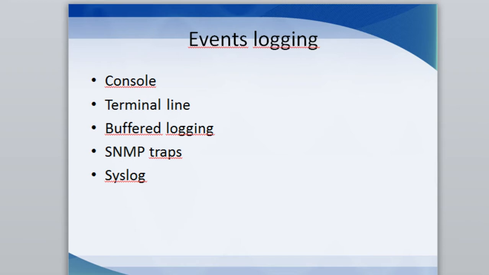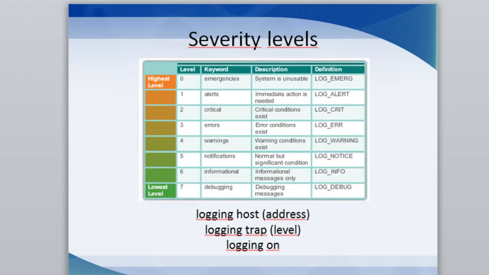And now let's see about these thresholds. The security levels. These are the definitions and configuration for threshold setting. As we can see, there are 8 levels, 0 being the most critical one, and 7 being the type of logging that we are less interested in when it's happening.